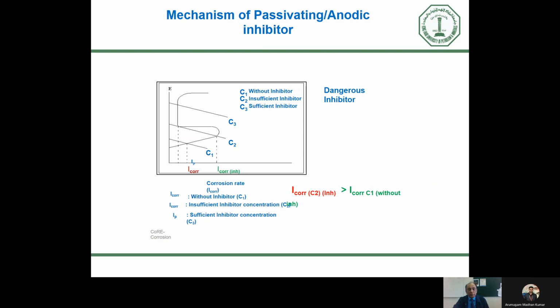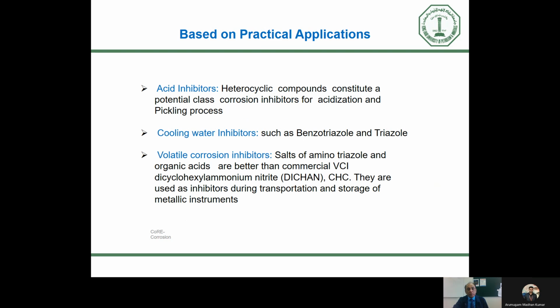And this is also important: a suitable amount of inhibitor is used for corrosion protection. Otherwise, more corrosion will take place than without inhibitor. So optimum concentration is required for corrosion protection. These are the practical applications.